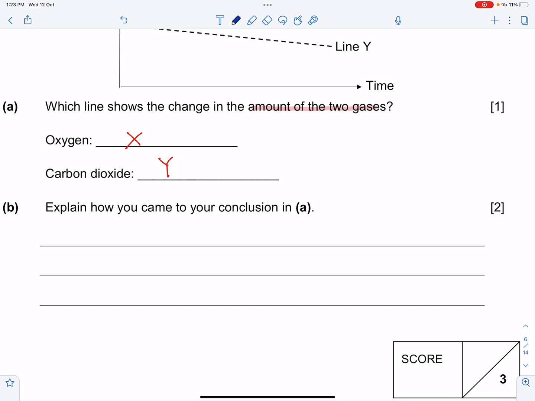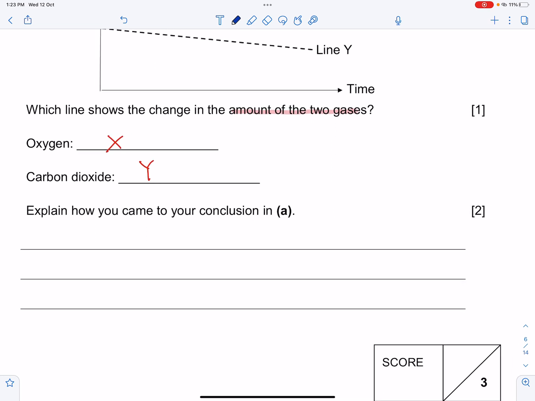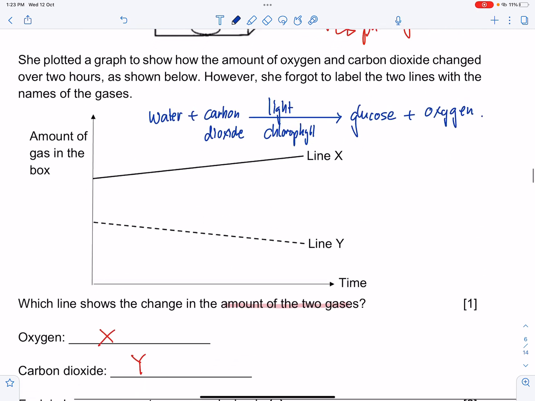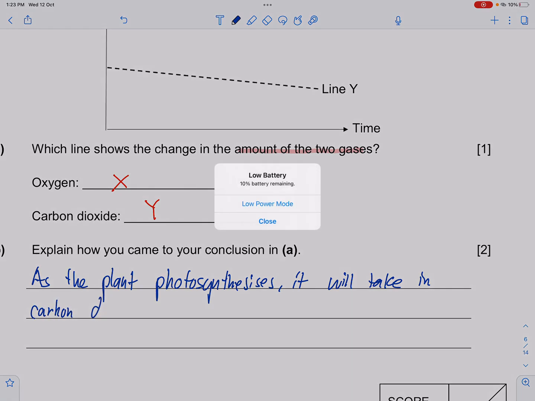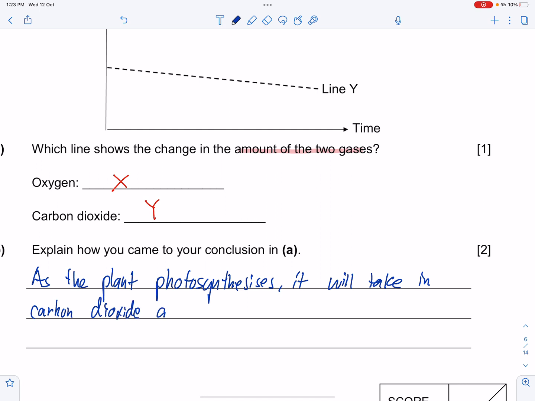So you would say that during the process of photosynthesis, as the plant photosynthesizes, it will take in carbon dioxide and give out oxygen.